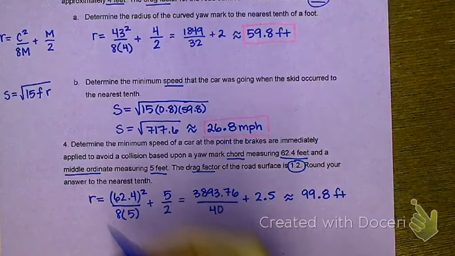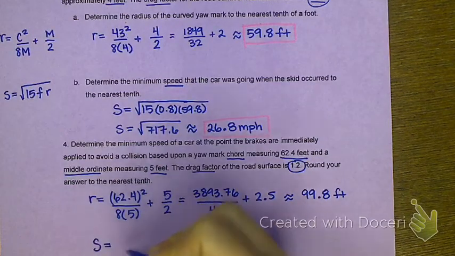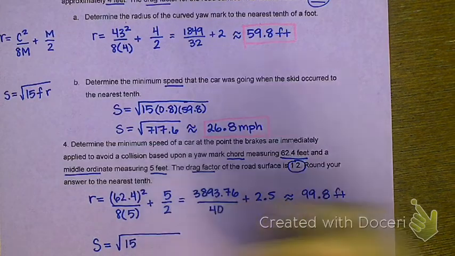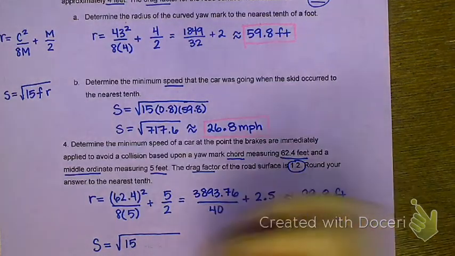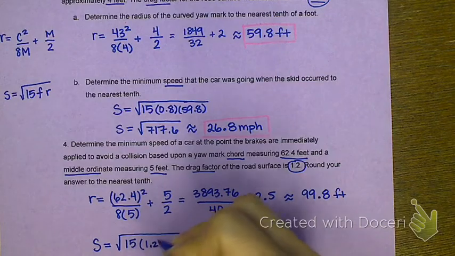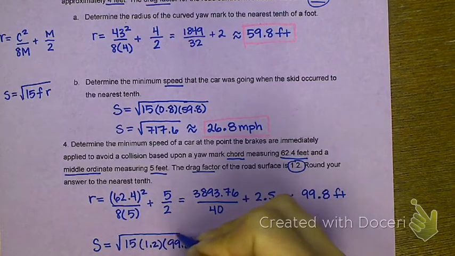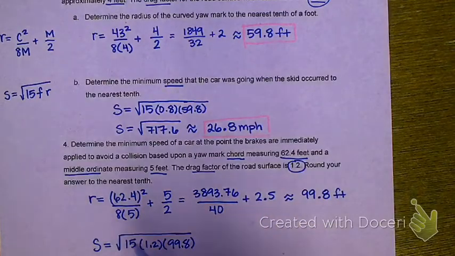Now that I have my radius, I can plug into my speed formula. So I'm going to get 15 times F, which is my drag factor, so that's 1.2, times 99.8. I'm going to multiply and see what I get there.